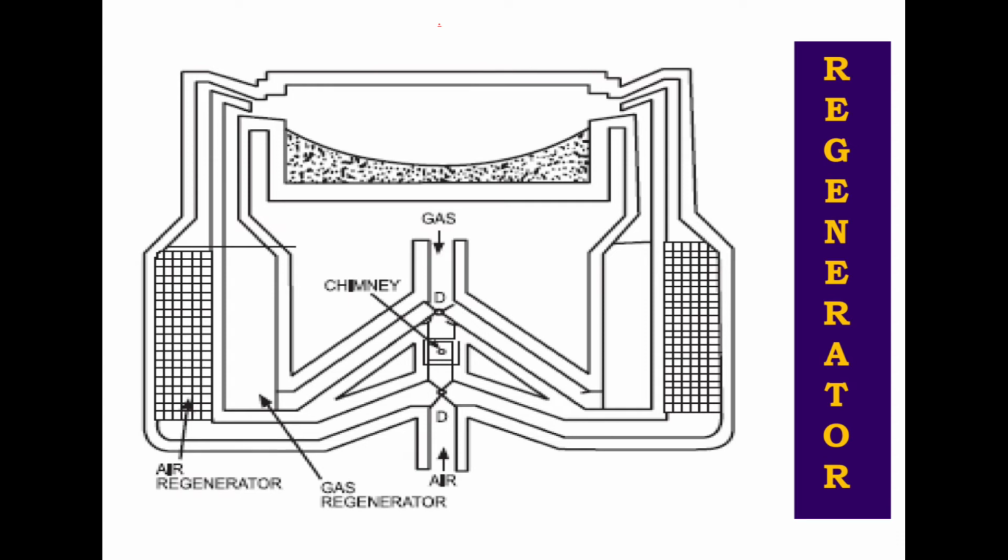Here the regenerator schematic diagram is shown in this figure. Here the air regenerator is located at the outside of the regenerator body. The gas regenerator is located at the inside of the regenerator body.